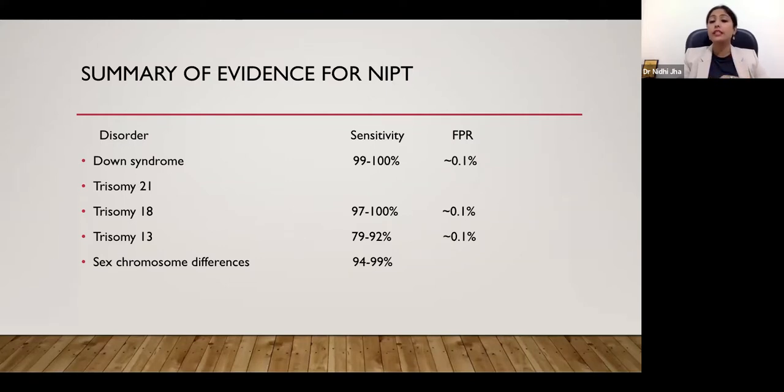Trisomy 13, it's 79 to 92%, and the false positive rate is 0.1%. Sex chromosome differences, 94 to 94.9%. As you can see in the table, it's most sensitive for Down syndrome, and relatively least sensitive for trisomy 13.